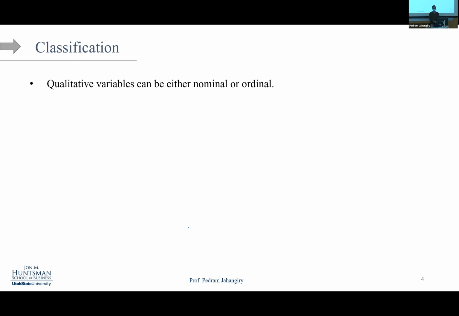So can you give an example of a nominal qualitative variable? Any example works. Think of any binary or multiple class variable, and then think of whether it is nominal or ordinal. Let me do it the other way around. I give you an example, you tell me if it is nominal or ordinal, right? So for example, gender, is it nominal or ordinal?